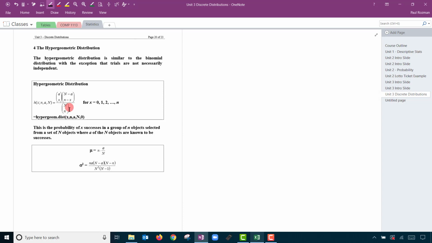So it looks kind of scary in the formula at first. Remember that A choose X is the same as ACX if you're using your calculator, which we know is A factorial over A minus X factorial, X factorial. So sometimes we kind of forget about that notation.